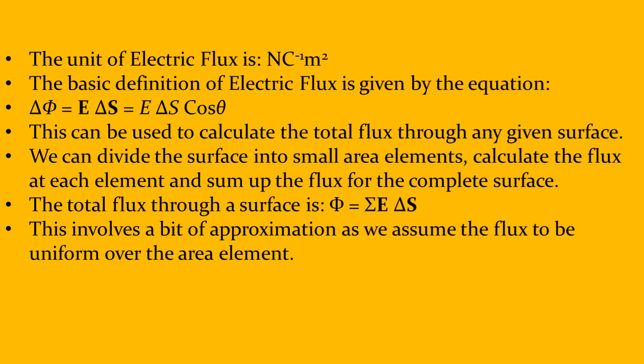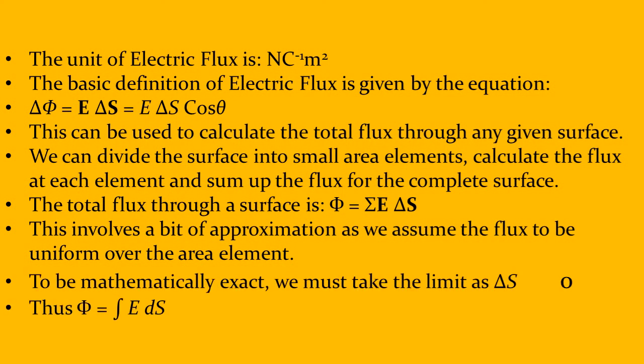Now this involves a bit of an approximation. What is that approximation? We have assumed that the electric field is constant, uniform over that chosen area element. Within that area element, we assume that the field is not changing.